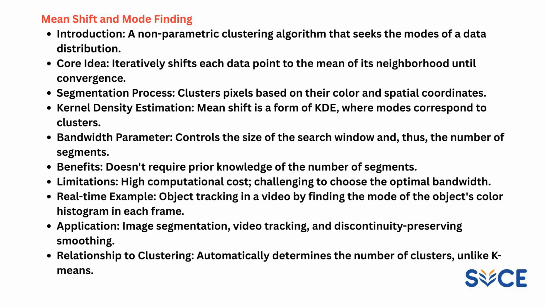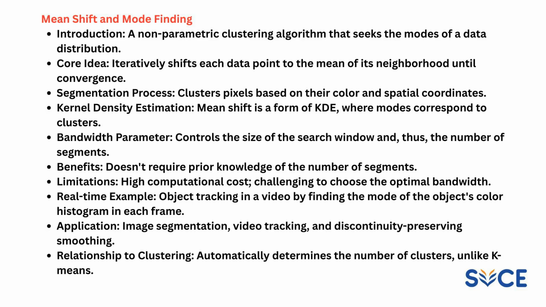The core idea is this: imagine you have a bunch of dots scattered on a graph. The core idea of mean shift is to repeatedly move each dot towards the center of the nearest cluster of dots. It is an iterative process.